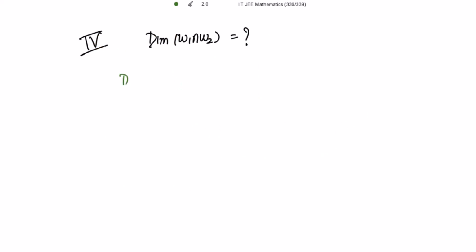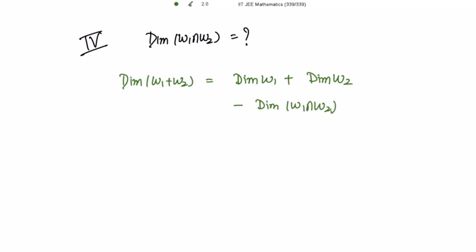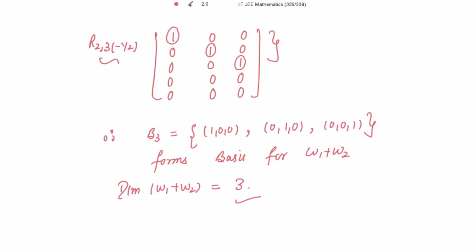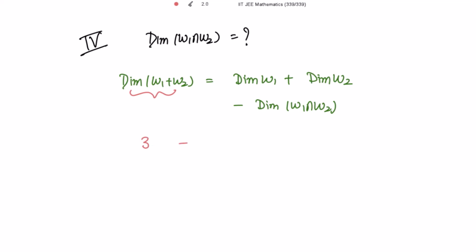And the result is that the dimension of the sum of the subspaces is equal to the dimension of W1 plus the dimension of W2 minus the dimension of W1 intersection W2. Just now we calculated the dimension of W1 plus W2 to be 3. So writing here 3.